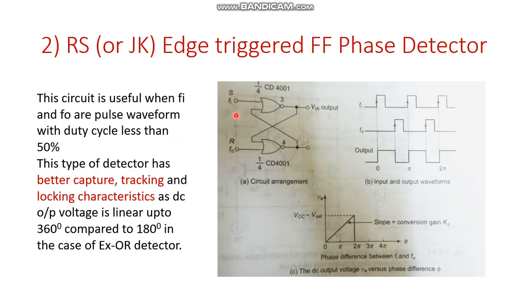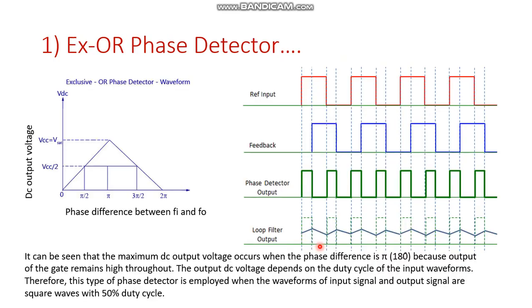Now the next is the RS or JK flip-flop triggered phase detector, and this is useful if we are applying the input frequency and FO frequency to the inputs of the SR or JK. This is usually useful when the duty cycle is less than 50%, meaning narrow pulses are there. In this, the characteristic of error voltage versus phase difference between Fi and FO is linear throughout from 0 to 2 pi, whereas in the earlier XOR case, 0 to pi it is linearly increasing and pi to 2 pi it is linearly decreasing.